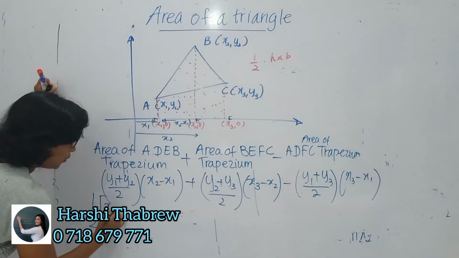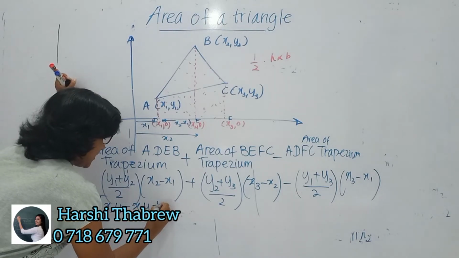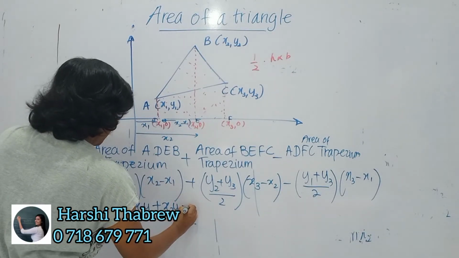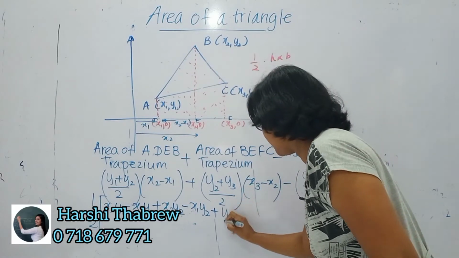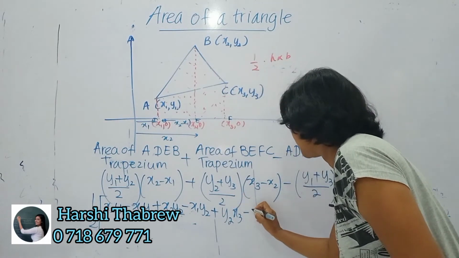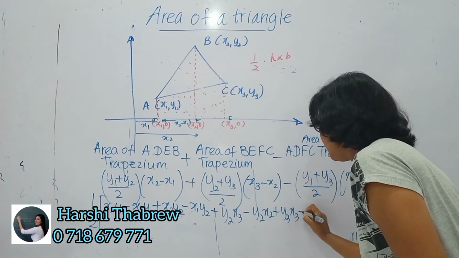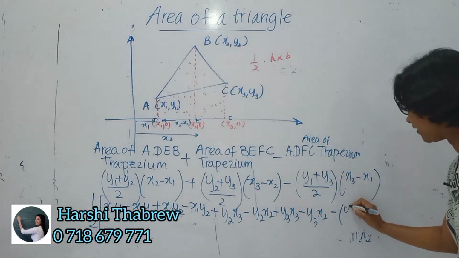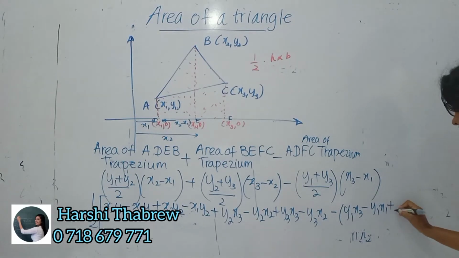Then x2 y1 minus x1 y1 plus x2 y2 minus x1 y2 plus, then y2 x3 minus y2 x2 plus y3 x3 minus y3 x2, then minus y1 x3 minus y1 x1 plus y3 x3 minus x1 y3.